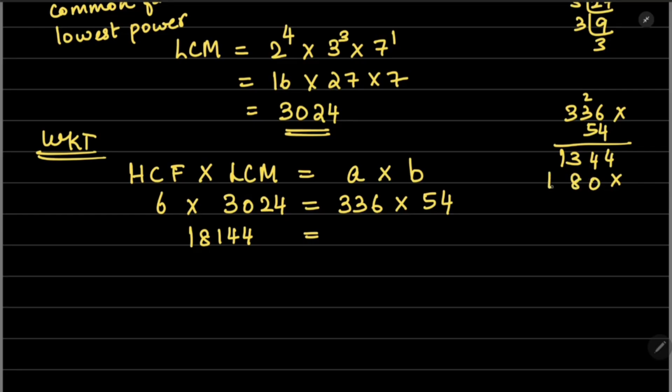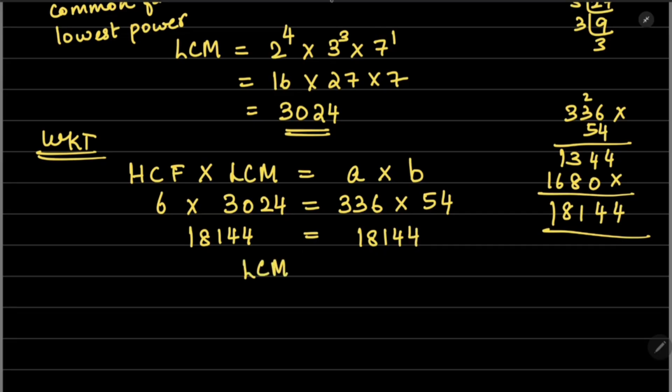So you have 4, 4, 1, 1, 6, 7, 8 and then 1, 8, 1, 4, 4. Please do multiply it and then make sure you are correct. Okay, so it's matching. So therefore your LHS is equal to RHS, hence verified.